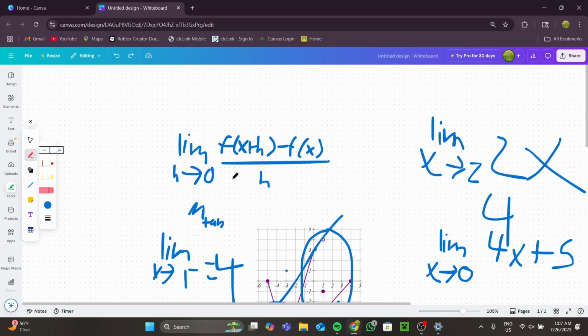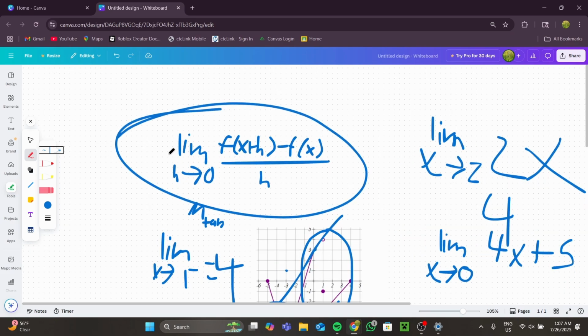Now for this here, it doesn't really fit to talk about the derivative right now, but this is the limit definition of the derivative: f of x plus h minus f of x all over h as h approaches 0.